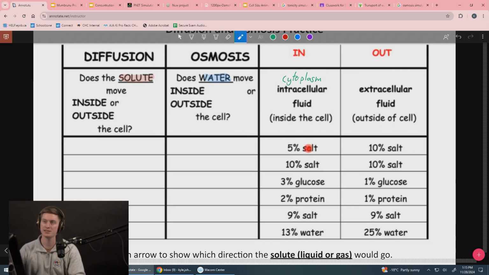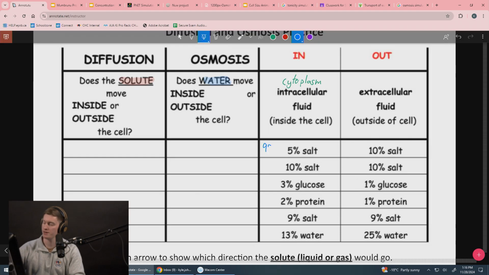Inside of the cell, we have 5% salt. If we have 5% salt, that means that the rest of that percentage will be water. Means we have 95% water. Outside the cell, we have 10% salt, which means we have 90% water. Remember that things are always going to flow from a high concentration to a low concentration.